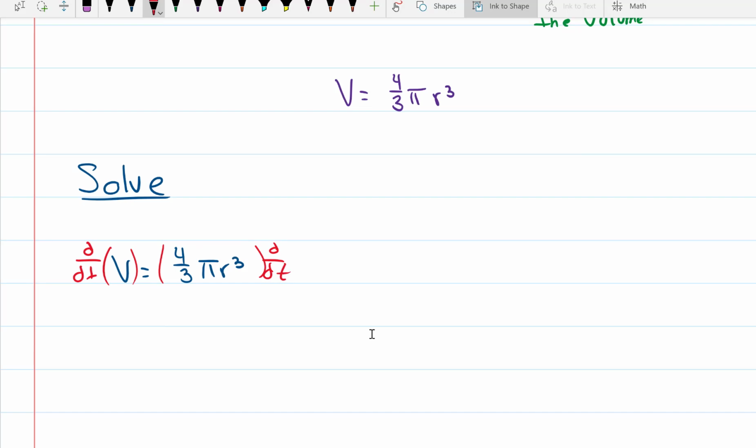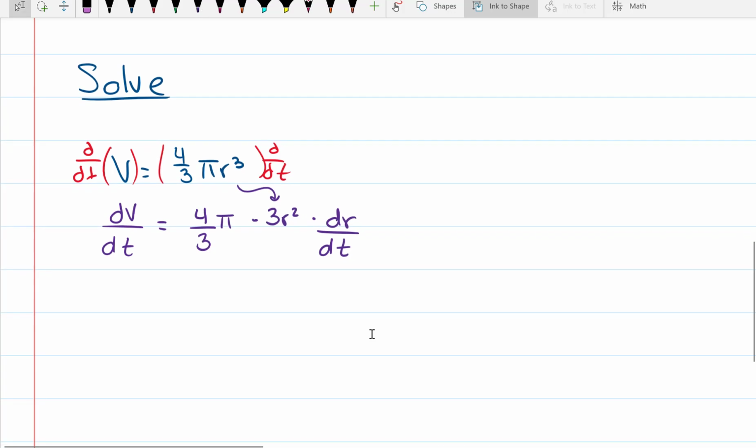So this is going to be the derivative of v, then is dv dt, because the derivative of v is 1, and then you got to use implicit differentiation, equals 4/3 pi times the derivative of r cubed is 3r squared times dr dt, because we're taking the derivative with respect to t. Now we just need to do some simplifying. We get dv dt is equal to, these 3's are going to cancel, 4 pi r squared dr dt.